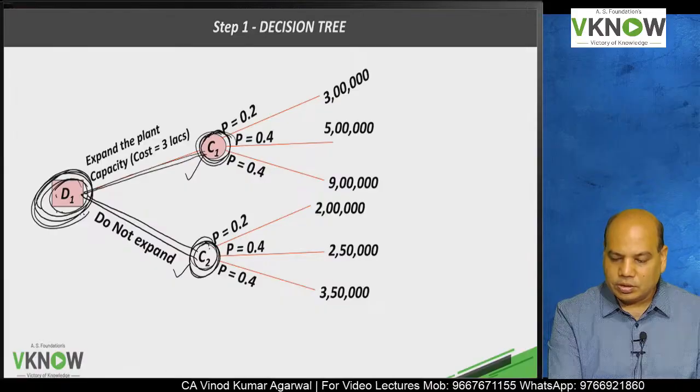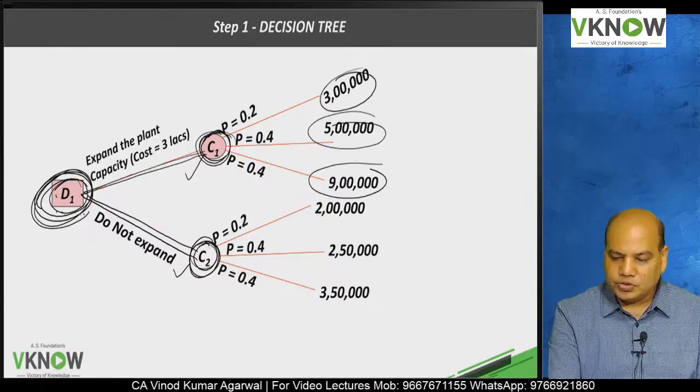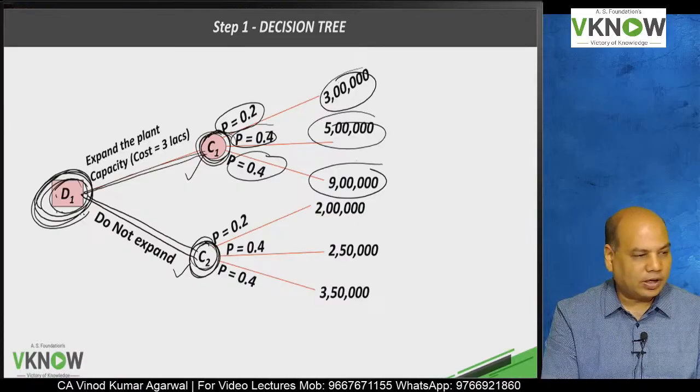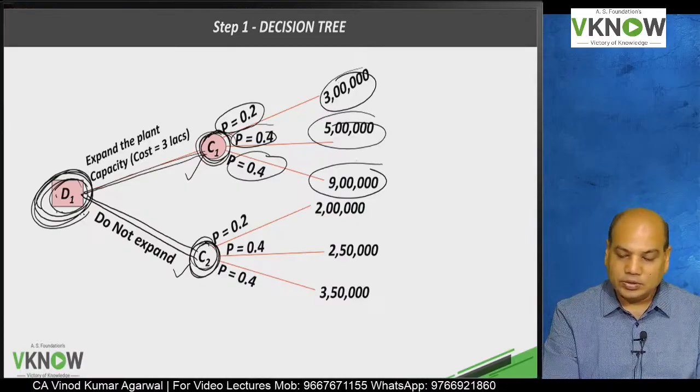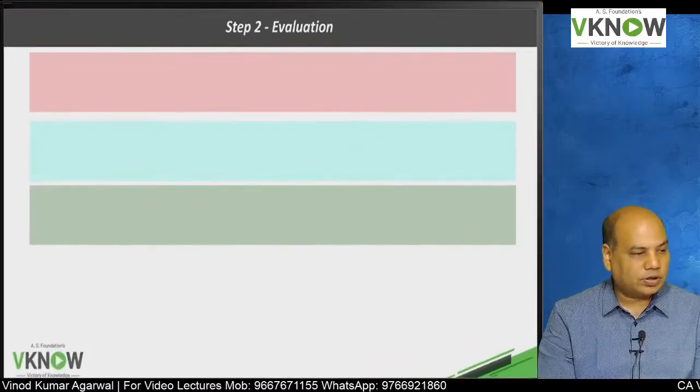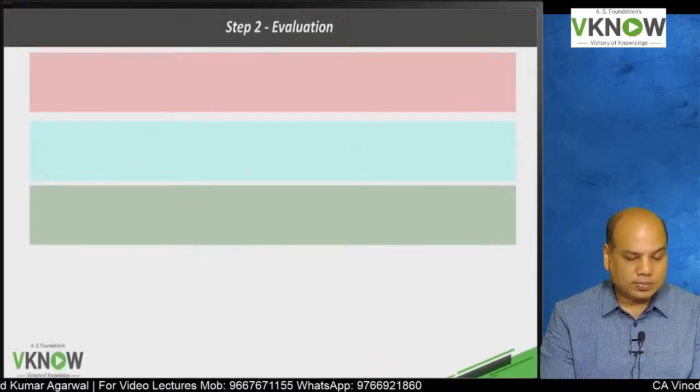Value of C1 will be the expected value, which is the sum of the product of probabilities into their respective values. Is it right? So now let us put it in simple words. Step 2 evaluation, please follow me.